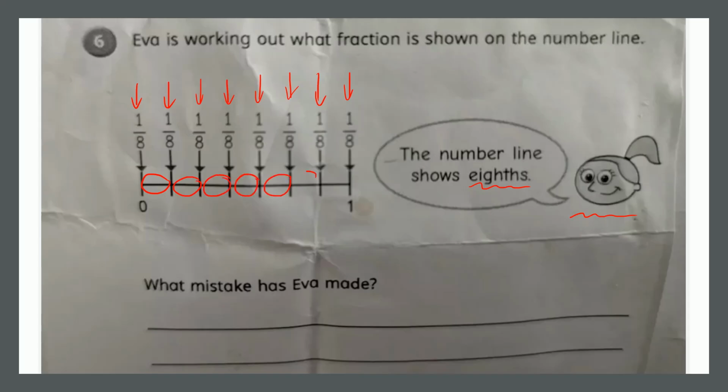Well, the number of segments is sevenths, okay? So she has mixed up the number of segments with the number of boundaries. The number of boundaries is 1 higher, so she thought eighths instead of sevenths.